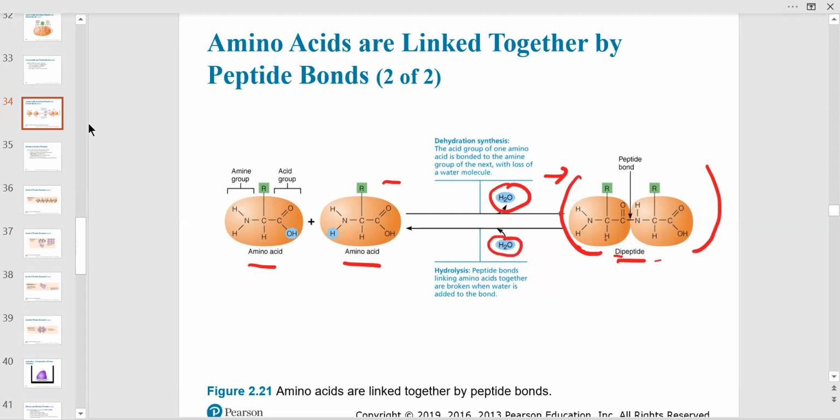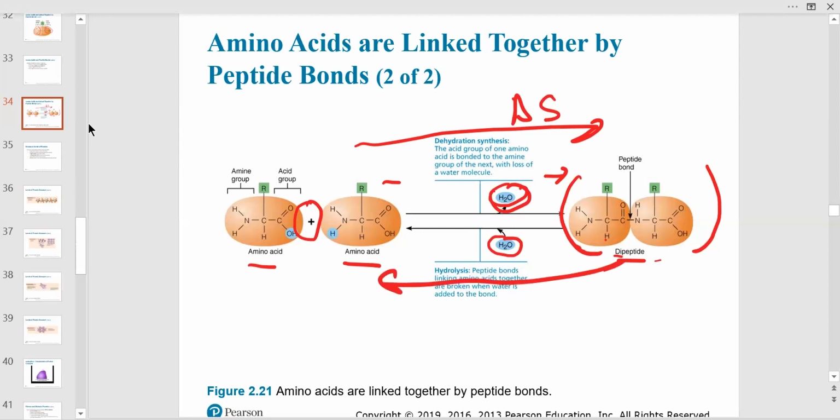Every peptide bond that's put together, you lose a water. So this is, again, an example of dehydration synthesis, anabolic, and this way is hydrolysis. And that's where you need to live in this whole chemistry business.